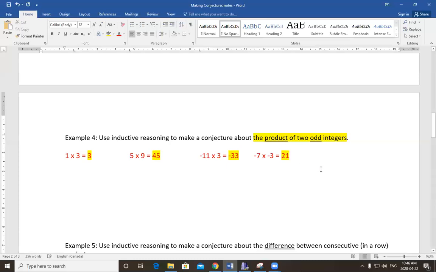So based on this data from the examples that I chose, my conjecture is that the product of two odd integers is always an odd integer. That's valid based on the data I collected. So I use inductive reasoning to make a conjecture.